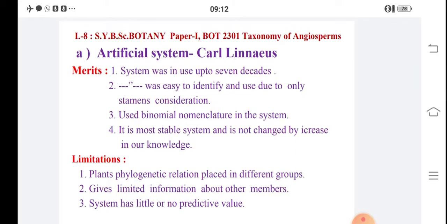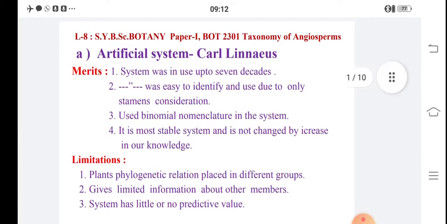Thirdly, it also used binomial nomenclature, the name of the genus and species. And the fourth merit is that it is the most stable system, not changed by increase in our knowledge. It is very basic, only one character: observe the plant and see its stamens, the only one part.